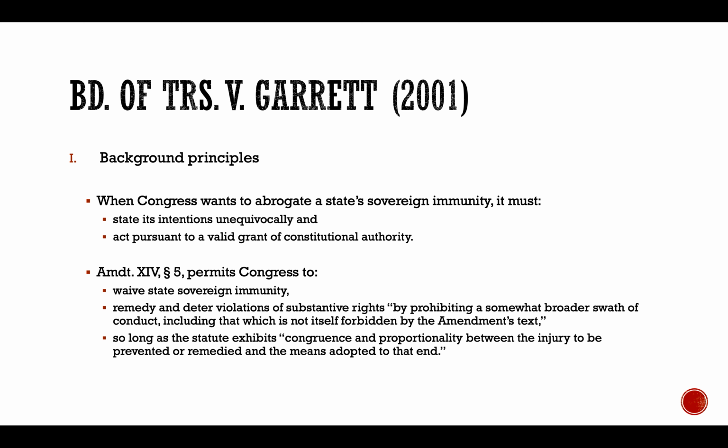And that's how the court interpreted Section 5 in the 80s. This Boerne standard, congruence and proportionality, seems to be tightening the court's grip around Congress's power, and we'll see how that works itself out here in this case.